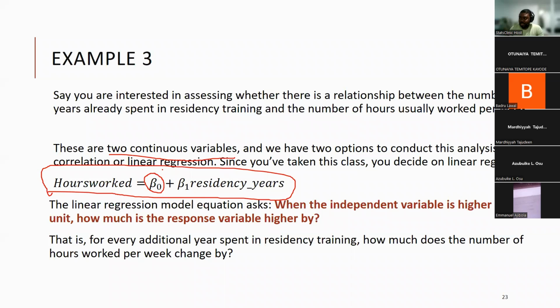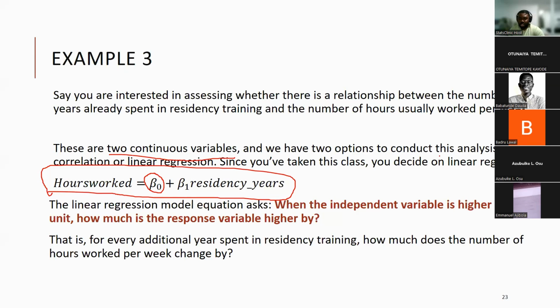How do you interpret beta 0? Anyone? Hello, can I talk? Beta 0 is the intercept. The intercept. Is the hours worked when the residency year is 0. Okay, very good. Babatunde, I think you wanted to speak up earlier.